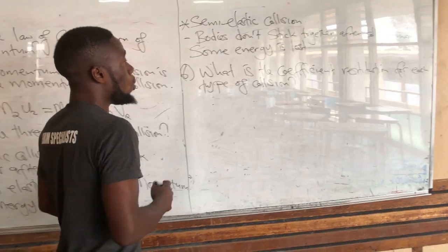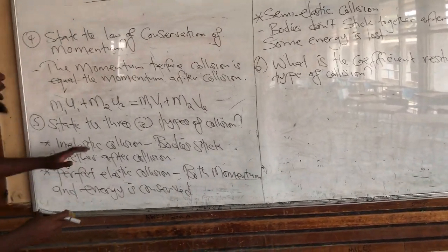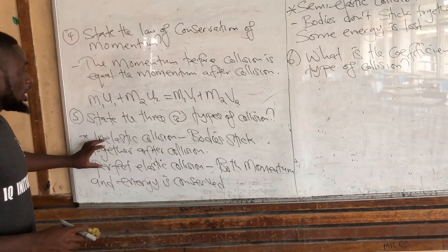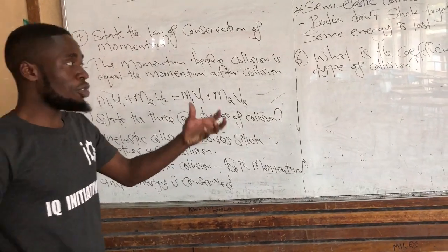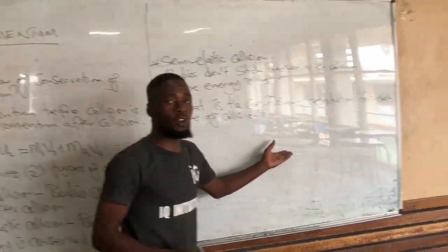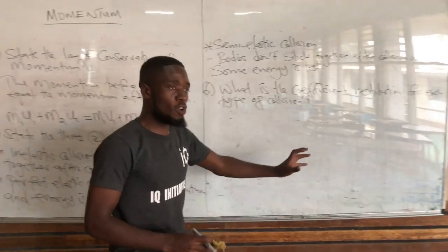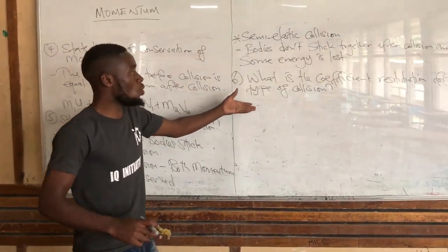I have these three types of collision, and each has its own coefficient of restitution. And what is the coefficient of restitution? It is simply the ratio of the final velocities to the initial velocities.